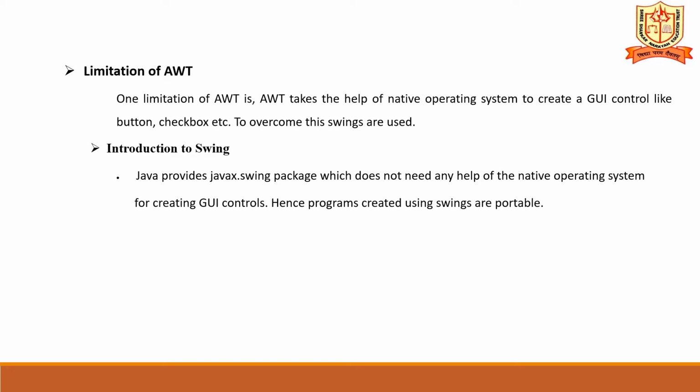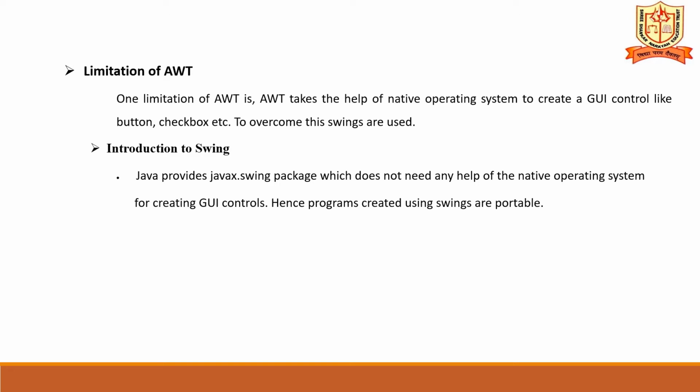Introduction to Swings. Java provides the javax.swing package, which does not need any help of the native operating system for creating GUI controls. Hence, programs created using Swings are portable. That means javax is a Java extended package of Swings, and Swings run by the JVM, Java Virtual Machine.